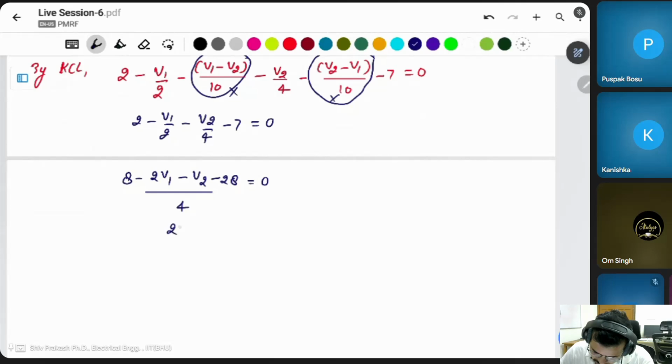Then what is the final answer? 2V1 plus V2 is equal to minus 20. Equation number one.